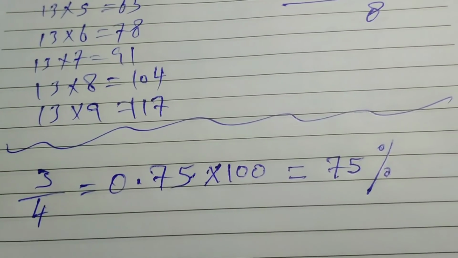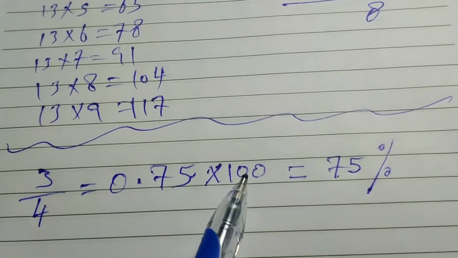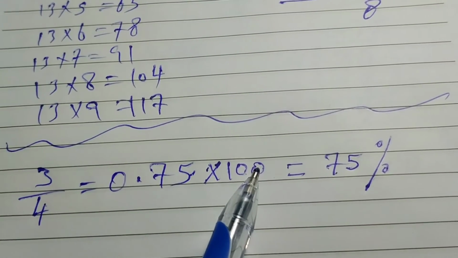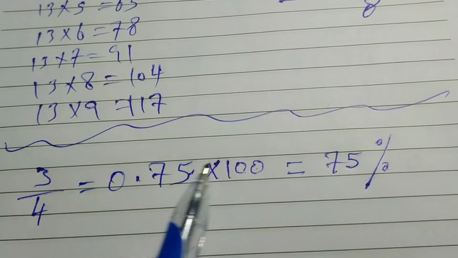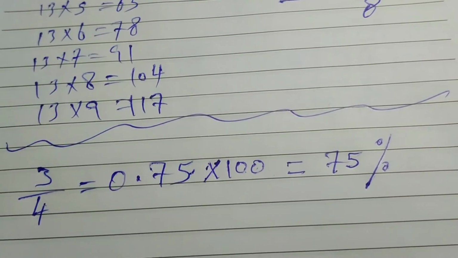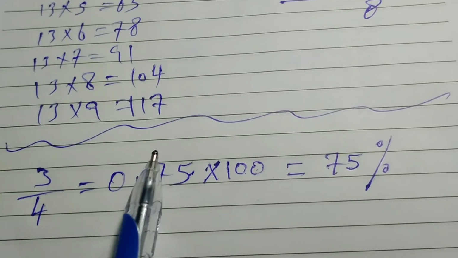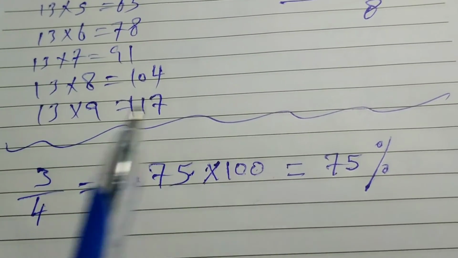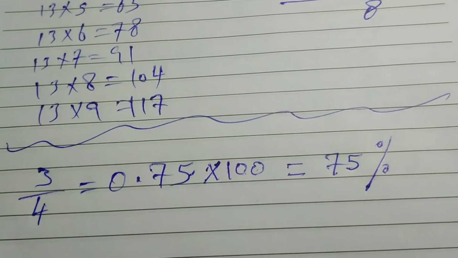If it is multiplying with 100, we will see the zeros and the point will move to the right side according to the zeros. If you have 2 zeros, the point will move 2 digits right, 3 zeros, 3 digits. This was the trick for multiplication.